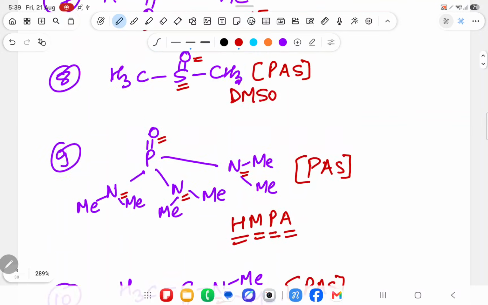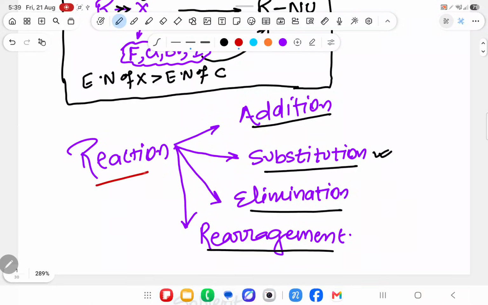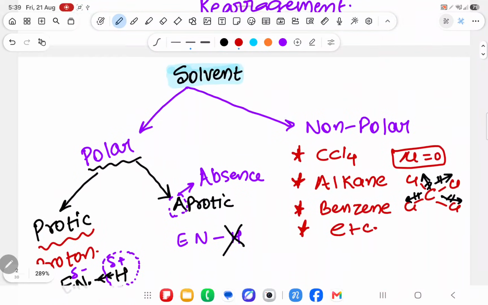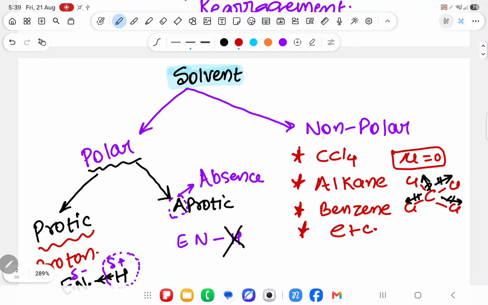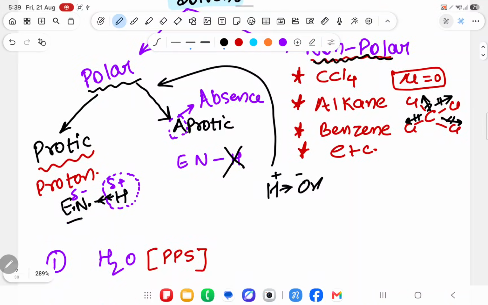So I hope you understood, first of all, what topics I will cover and what reactions we have to study: addition, substitution, elimination. Then solvents are of two types, polar and non-polar. Non-polar means they don't have polarity. Polar means they have polarity, like HOH, which will break into minus and plus. Polar solvents have two types, protic and aprotic.